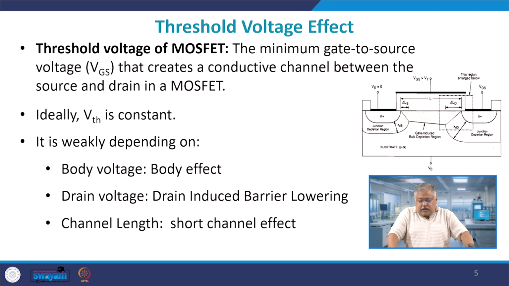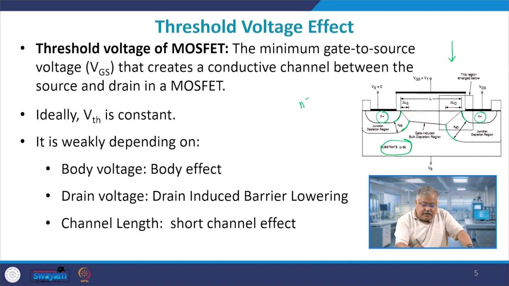We have already understood that if you take up on the right hand side you see a bulk enhancement mode MOSFET, N channel, because you have a p type substrate here, and what happens is that interestingly, that if you have N plus region here and N plus region here, there will be a depletion region which will be formed with the p layer here, and there will be a depletion region which will be formed here with p region, N plus and p.